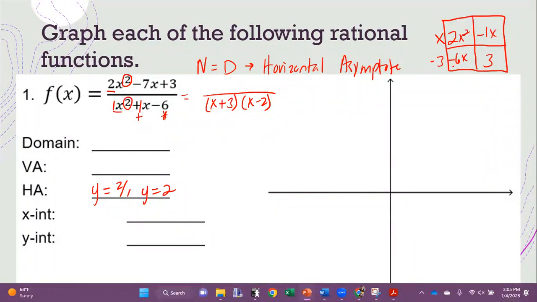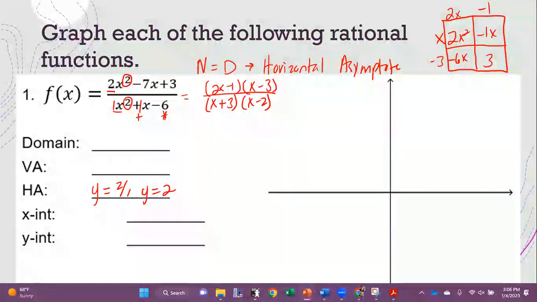If the outside box is negative, then your factor is negative. What is the greatest common factor between 2x squared and -6x? 2x. Between -1x and 3? -1. So the factors of my numerator are 2x minus 1 and x minus 3.